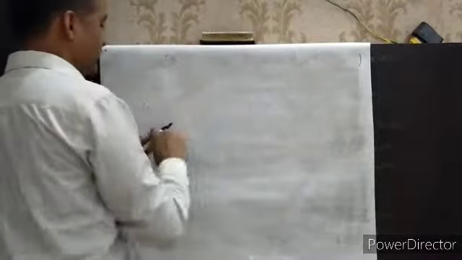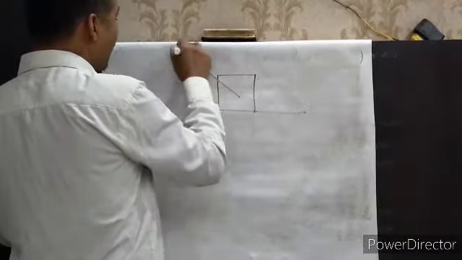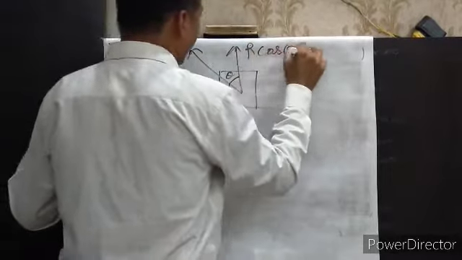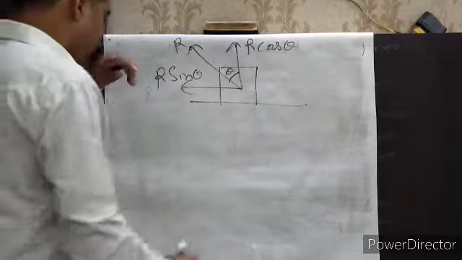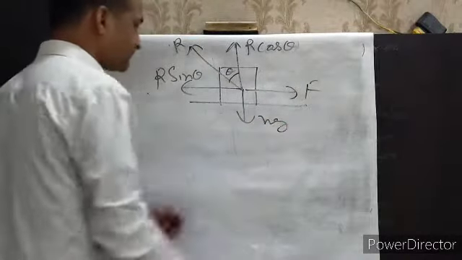Now from the diagram you can see that this is r, this one is theta, this is r cos theta, and this is r sin theta. This is the external applied force, and this is the weight of the body mg.